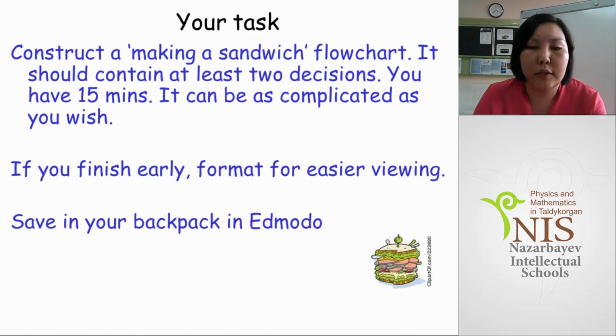Now your task is to construct a sandwich-making flowchart. It should contain at least 2 decisions. You have 15 minutes, and it can be as complicated as you wish. If you finish early, format it for easier viewing and save it in your backpack in Edmodo.